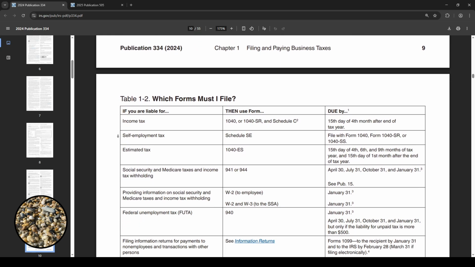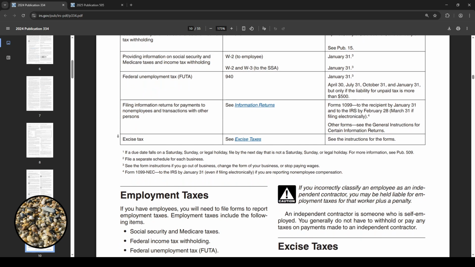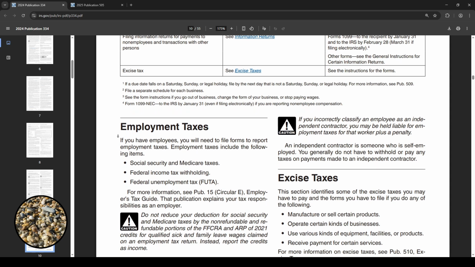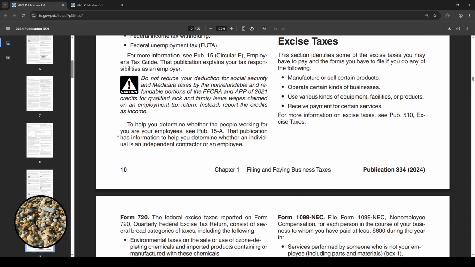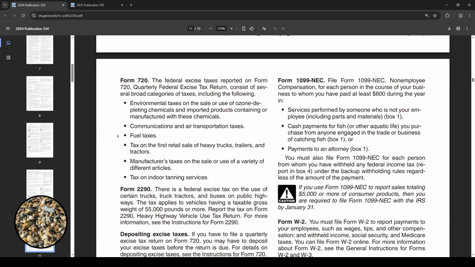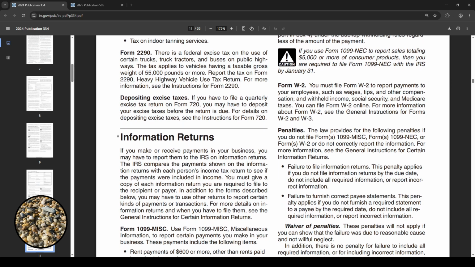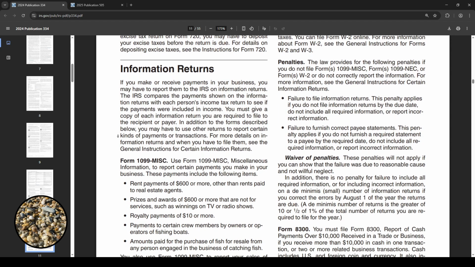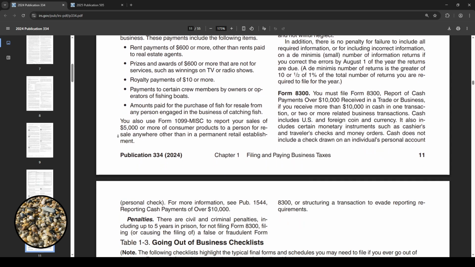You must also account for the self-employment tax, which covers Social Security and Medicare. For most people, this rate sits around 15.3%. If we take our example of $100,000, your self-employment tax alone would be roughly $15,300.